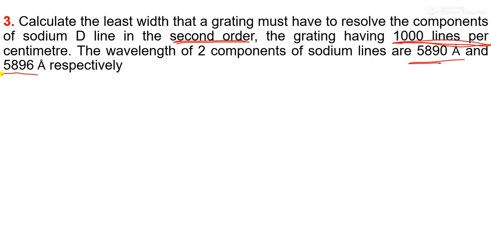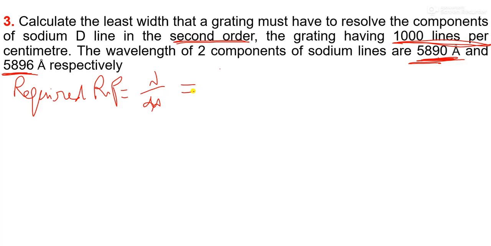Okay, so the required resolving power to resolve these two wavelengths will be lambda upon d lambda. Here lambda is the average of these two wavelengths, lambda 1 plus lambda 2 by 2, where lambda 1 is 5890 angstrom and lambda 2 is 5896.